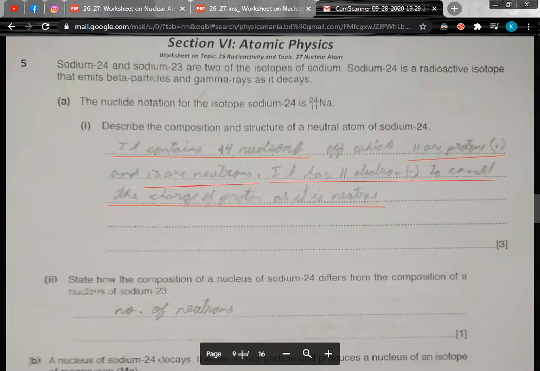Do I need to write that there is one electron in the outer shell, because they also said structure? Not necessary, that is the electronic configuration. It's okay, no problem. You have got all the necessary information.